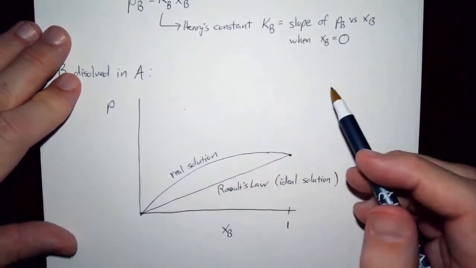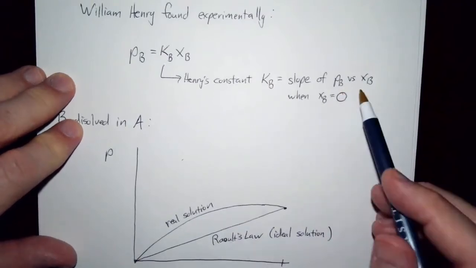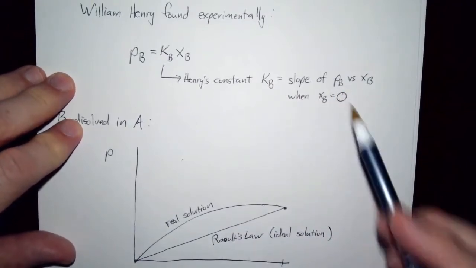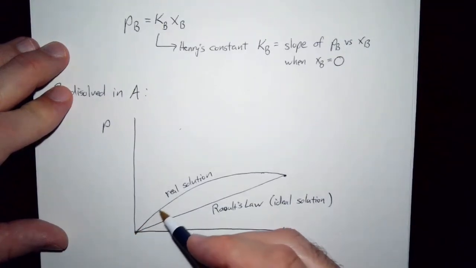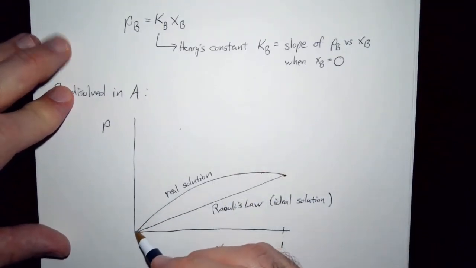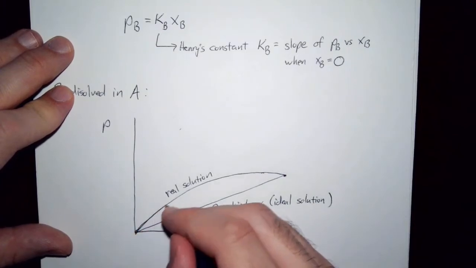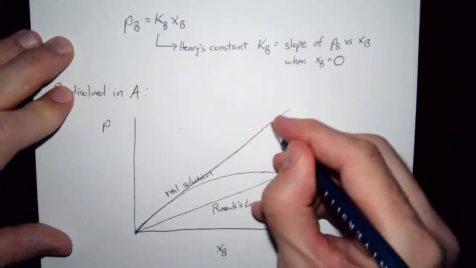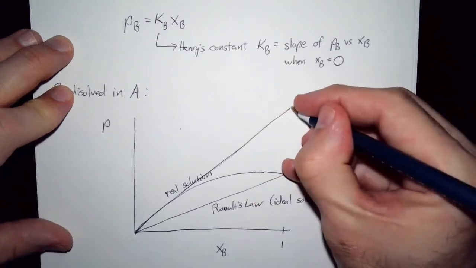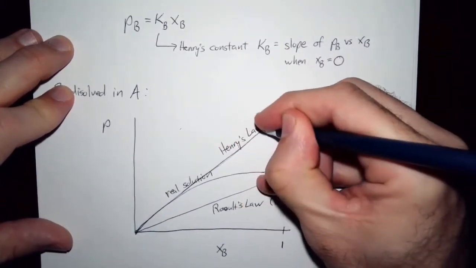And what Henry's law says is if we take the slope of this line when the mole fraction is 0, so that's over here at the origin, if we look at the slope of this P versus X line and we extend it, then this is Henry's law prediction.